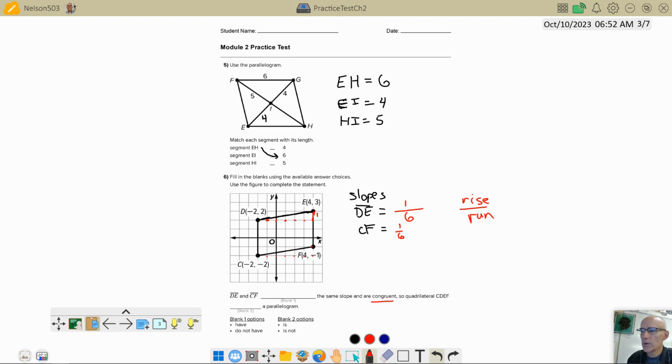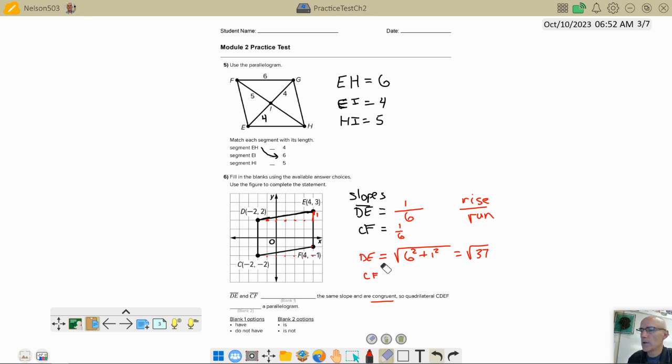So using the Pythagorean theorem, we could say that DE is equal to the square root of 6 squared plus 1 squared. So I'd ask you, hey, what is the length of DE? And you get the square root of 37. And then we know that CF is the same thing. So CF is, let me fix something here. I don't want the little bars over the top.